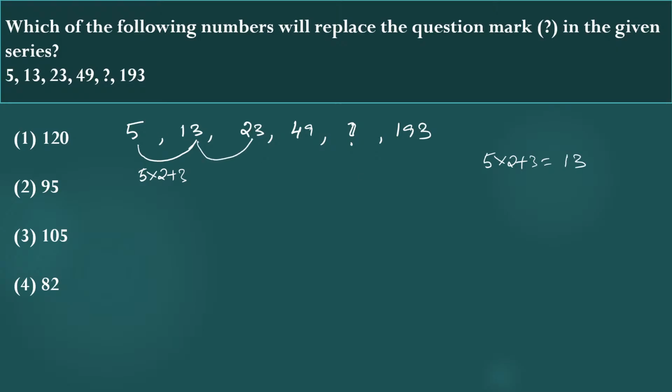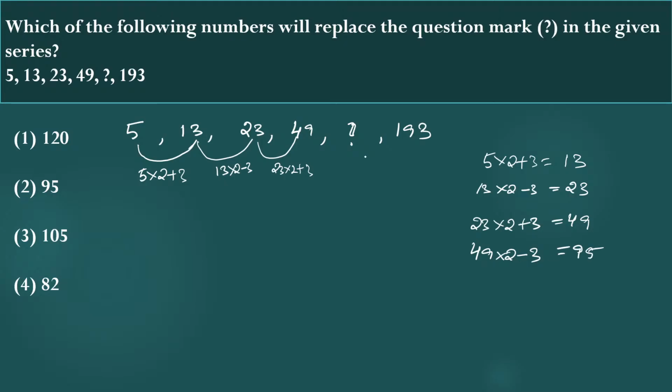Next, 13 into 2 minus 3: 13 twos are 26, minus 3 we get 23. 23 into 2 plus 3: 23 into 2 is 46, plus 3 we get 49. Next, 49 into 2 minus 3: 49 into 2 is 98, minus 3 we get 95. So in the place of the question mark, 95 is there.